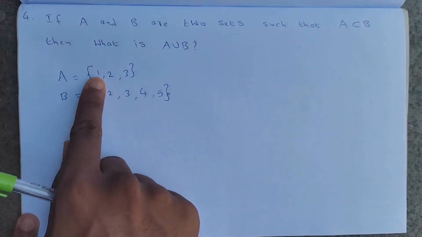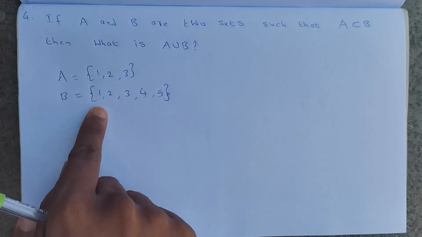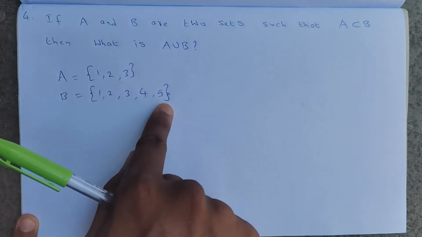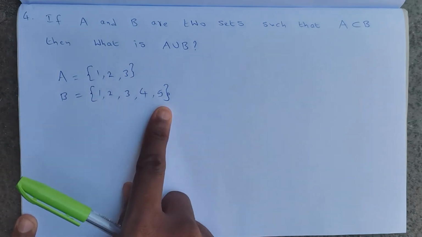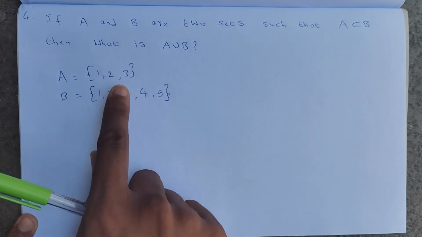Every element of set A is there in set B and set B has more elements also. So in this case we can say A is a subset of B.